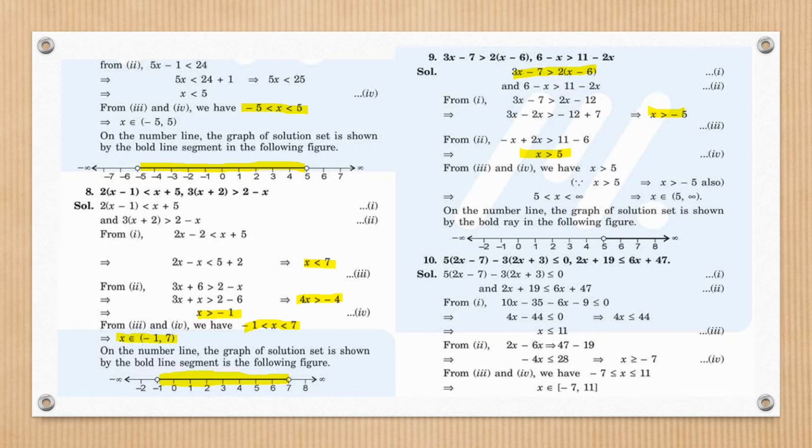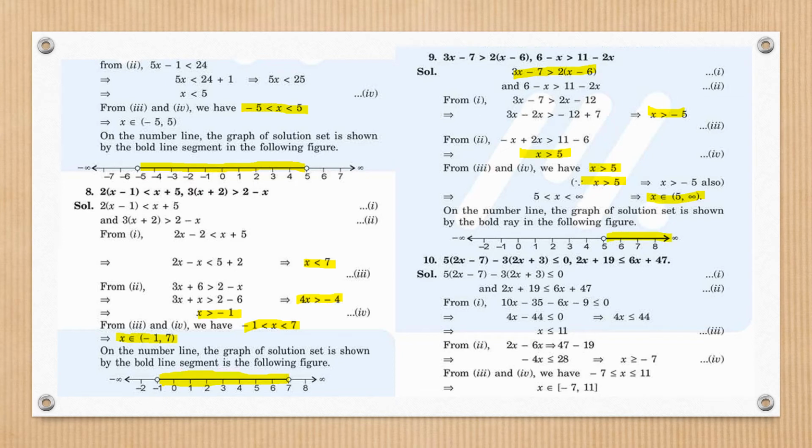As x > 5 means x is also greater than -5, I cannot take this one, I have to take this one. So x > 5 means the interval (5, infinity). The open end will be towards this side and infinity towards this side.